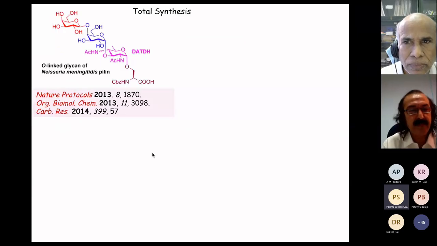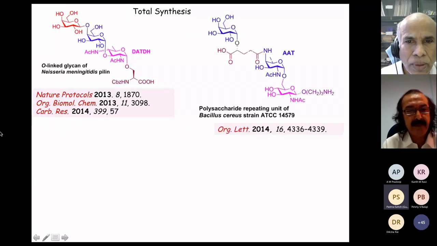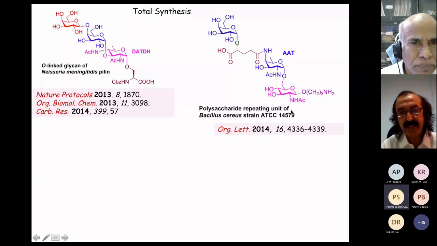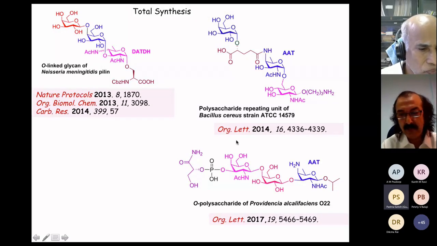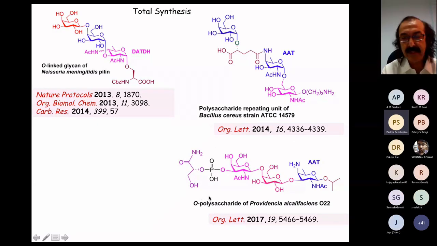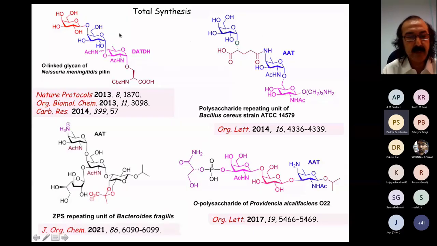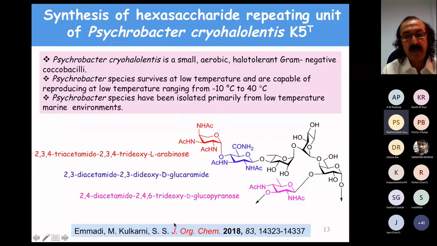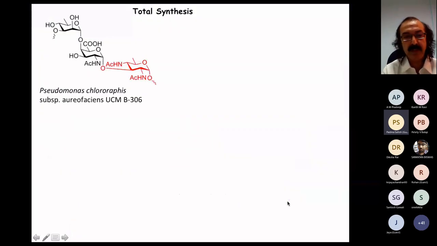So this trisaccharide from Neisseria meningitidis, we synthesized this, and this was a pseudo-trisaccharide from Bacillus cereus. Then this was from Providencia alcalifaciens, and they have all these strange appendages which are difficult to introduce, and this has all these rare sugars, AAT in this, and also, more recently, this zwitterionic polysaccharide unit of Bacteroides fragilis. Also, Madhu was able to synthesize this hexasaccharide, which has even more complex sugars.